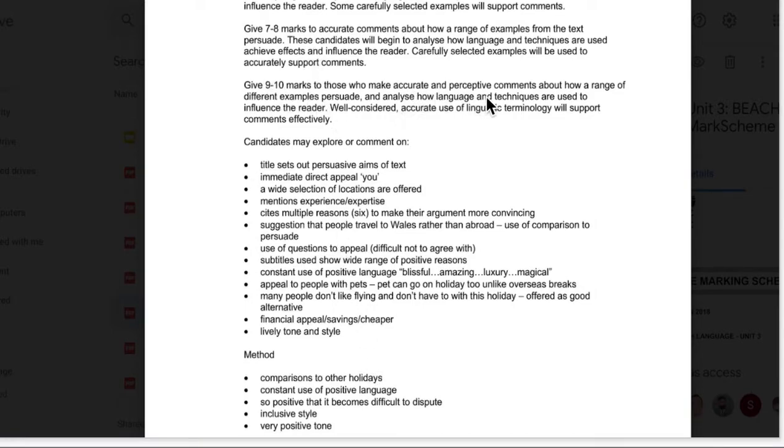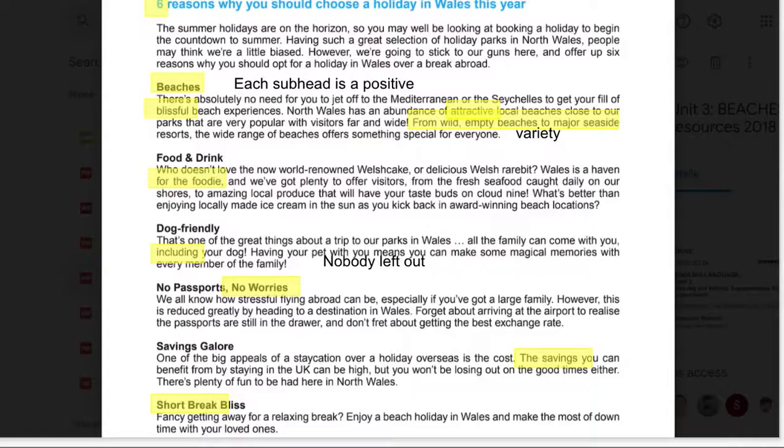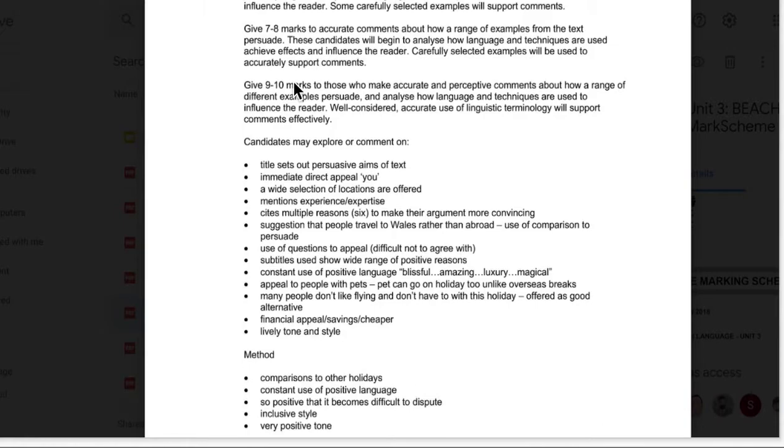We've got accurate, perceptive comments about a range of different examples, so the layout, but also the language choice. So language and techniques influence the reader. Accurate use of linguistic terminology. Yeah, we haven't got loads of that, but we've talked about subheadings, we talked about positive adjectives, we talked about comparisons. So, there's plenty there, certainly for that top band of 9 or 10.